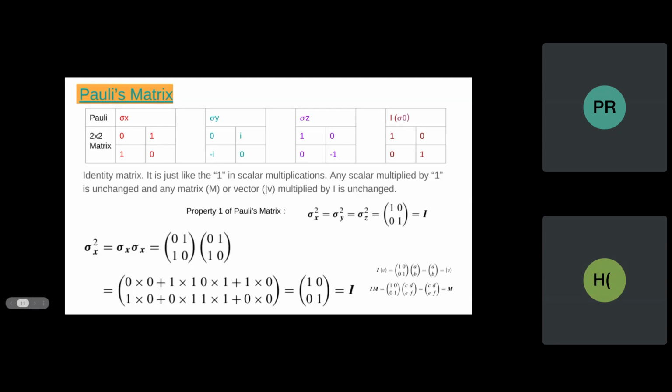So ket 0 is 1, 0, spin up, and ket 1 is 0, 1, spin down. This gives a tendency towards the low or high property at a given state.